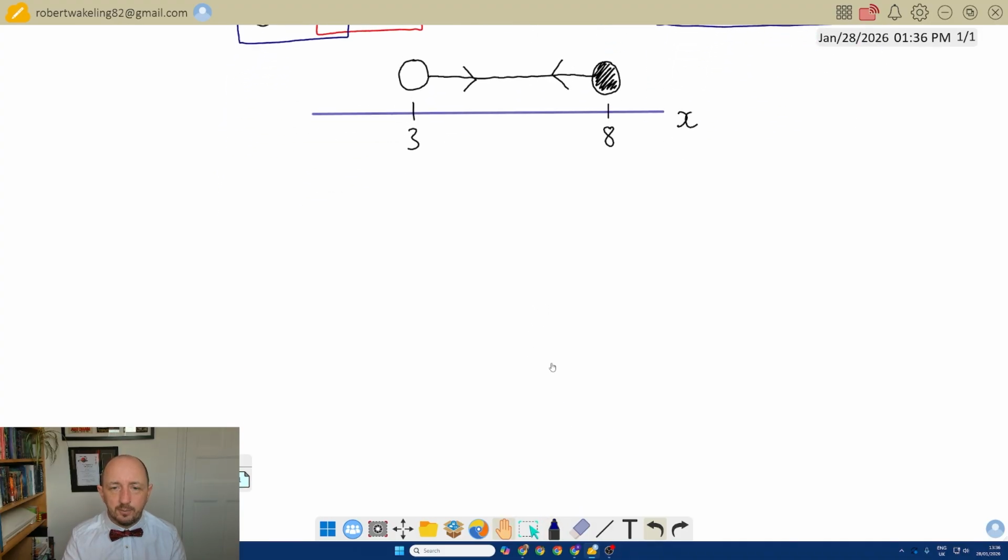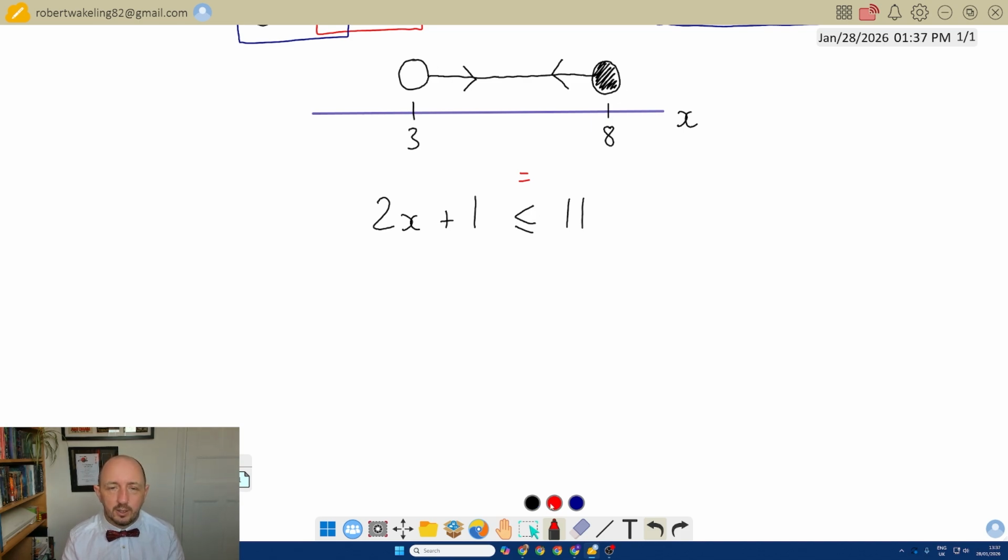Last thing we have to do is we actually have to solve inequalities. Something like 2x plus 1 is less than or equal to 11. Okay, and as soon as we see these, a lot of students freak out. Just pretend that this is an equals sign. If that was an equals instead, it doesn't matter what the inequality sign is. If that was an equals, what would you do?